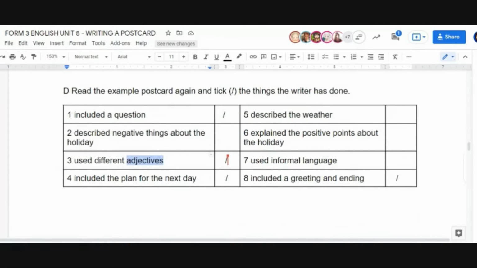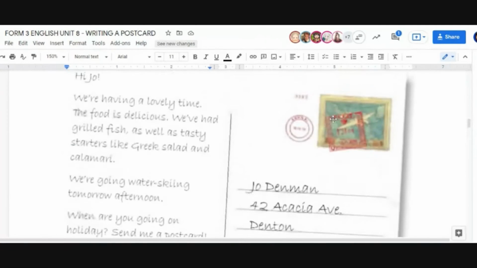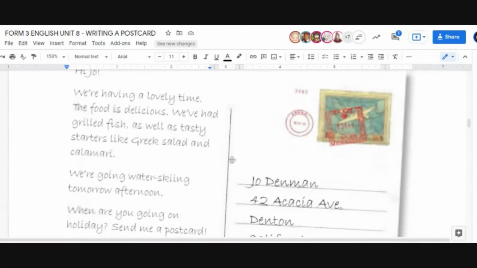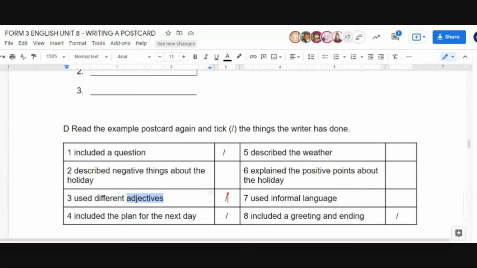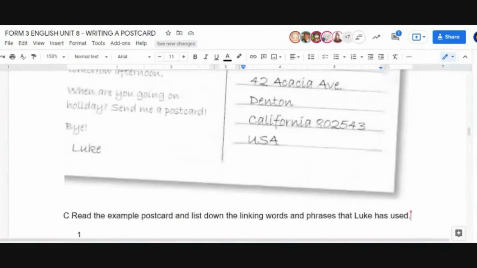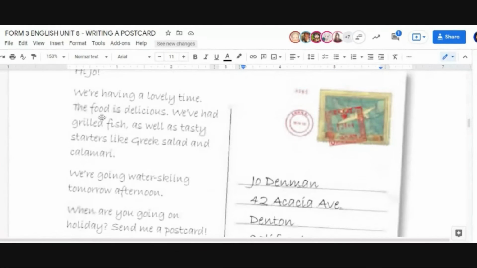Okay, describe the weather. Did he? Let's look at it again. No, he didn't describe the weather, obviously, right? Okay, number six, explain the positive points about the holiday. Did he do so? Did he explain positive things about the holiday? What did he say about his holiday? He said the food is delicious.